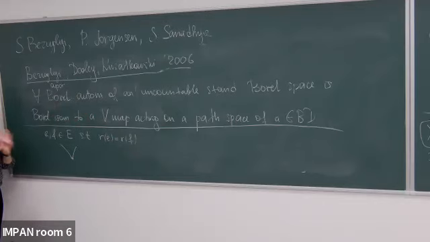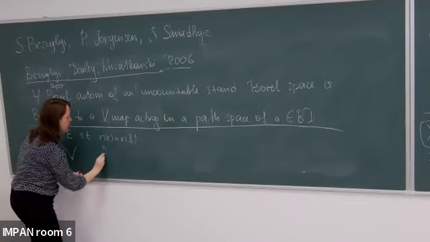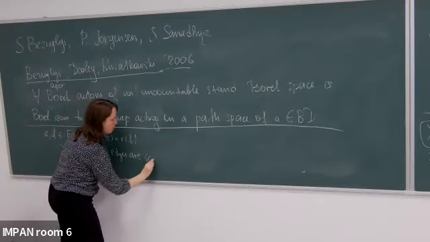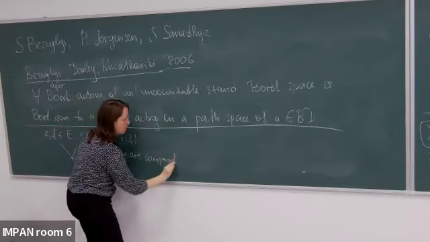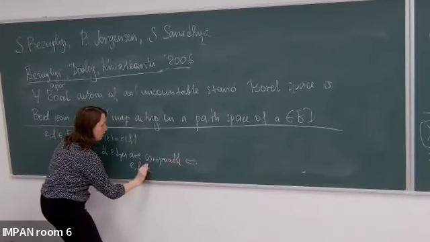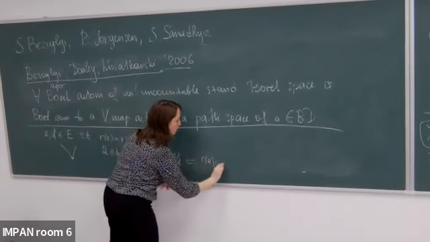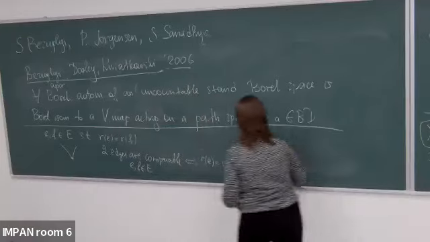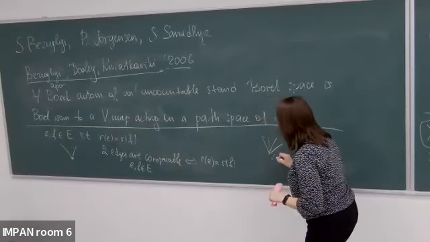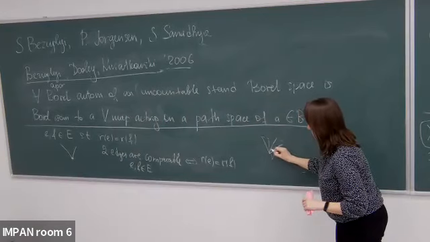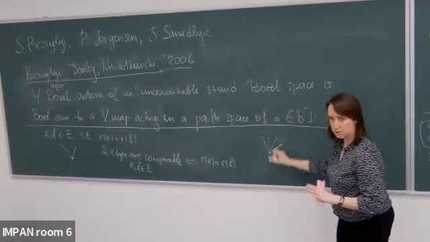So two edges are comparable if they end in the same vertex. So we have our Bratteli diagram, and for every vertex except for our level, we have many incoming edges, and we put a linear order on the set of these edges.